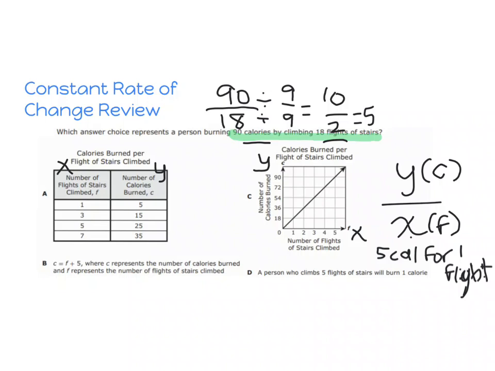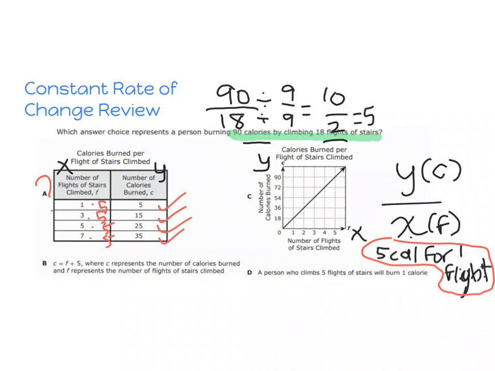So when I'm looking at these other answer choices, I need to be paying attention and going back to, okay, is it the same as 5 calories for one flight? And if I look here, 1 times 5 is 5. That checks out. 3 times 5 is 15. 5 times 5 is 25, and 7 times 5 is 35. So A actually looks like it's going to be the answer.